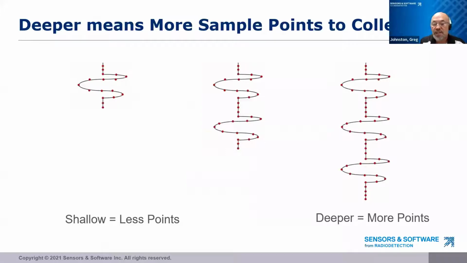Since we are collecting digital data, we're collecting those points. If you're trying to see shallow, you don't need to collect as many samples or points as when you want to see deeper. That's not real rocket science. Fewer points will give you shallower data, and more points will give you deeper data.